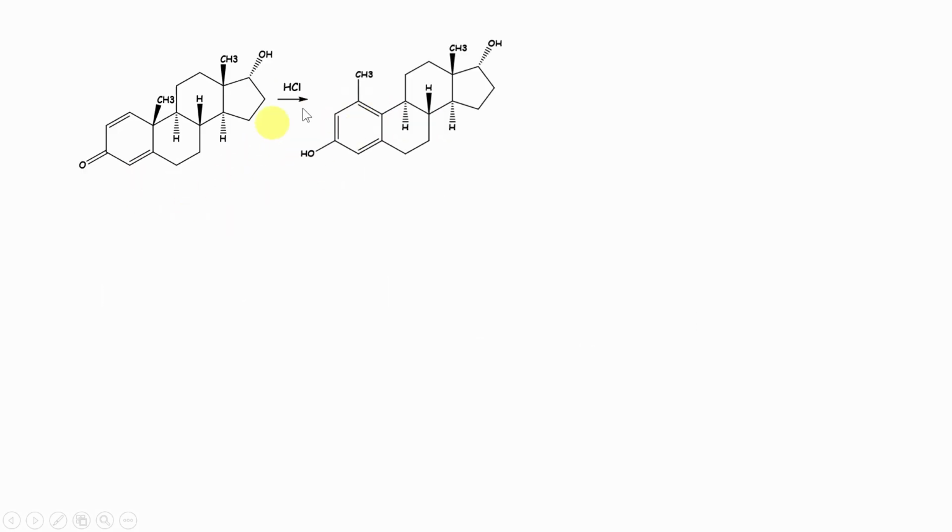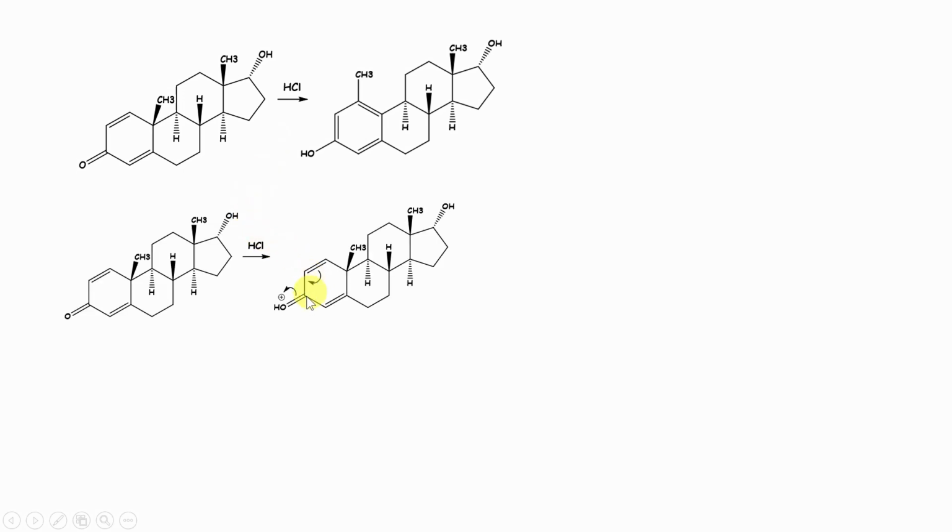Okay, it is the last example in this video. This dienone, on treating with HCl, forms this phenol. It is the corresponding phenol obtained by the dienone-phenol rearrangement of this steroid with concentrated HCl. See the mechanism of the reaction. First of all, protonation of this oxygen of the dienone takes place, thereby forming protonated dienone.